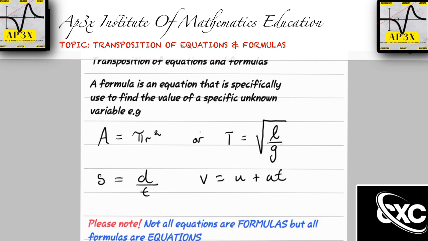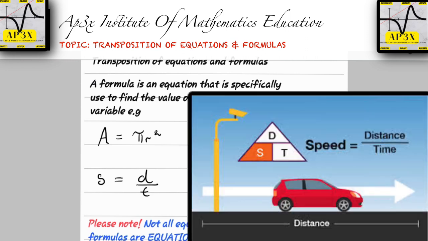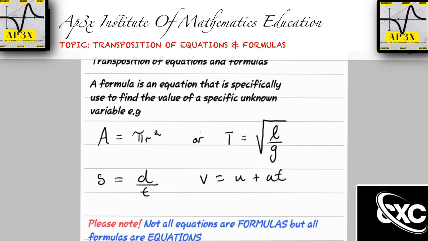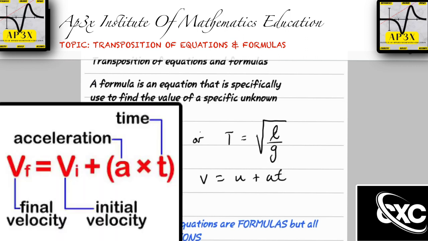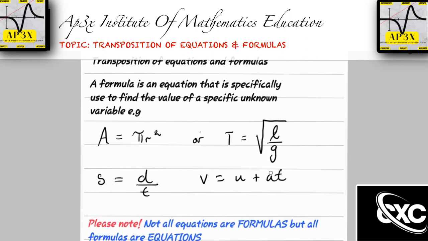Let's say I wanted to calculate the speed at which an object is traveling, or the speed of a car. Then I could use the formula S equals distance divided by time. Or maybe I wanted to calculate the final or initial velocity of an object given its acceleration and time. Then we could use the formula v equals u plus at. These are just a few of the most renowned formulas used in mathematics and in physics.